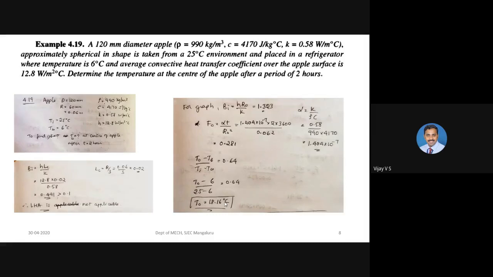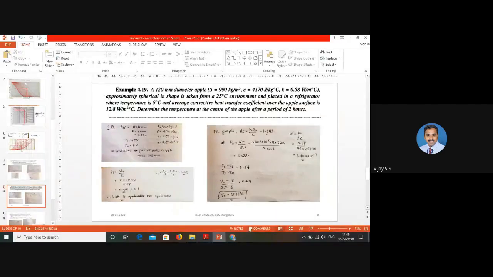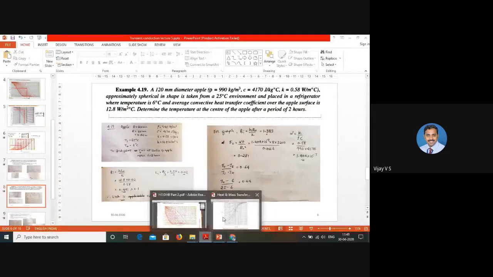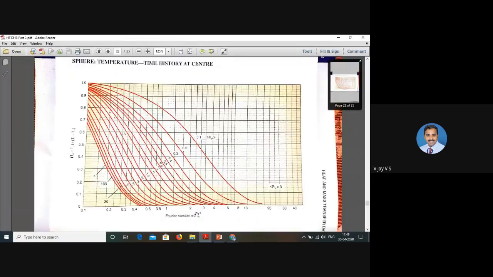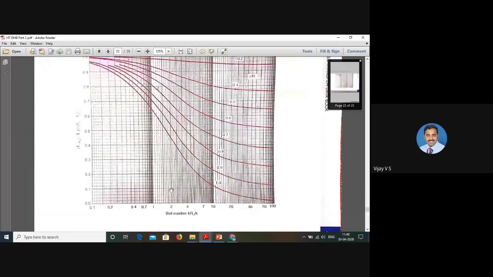Suppose they ask what is the temperature at the surface. So how you can calculate? Here they have not asked. So go to the second graph. Here you already know Biot number. Biot number we got 1.3. So 1.3 will be somewhere here. Surface means what is the ratio? R by R naught, that is 1.